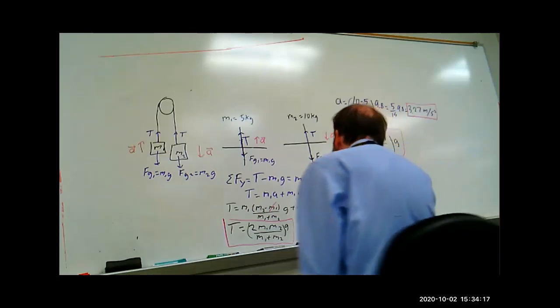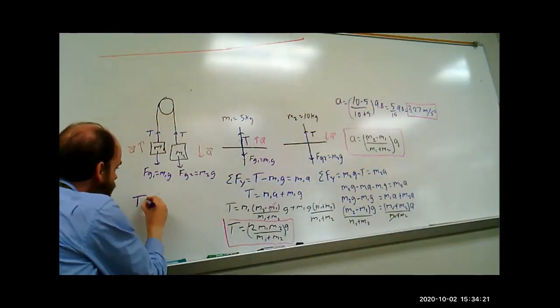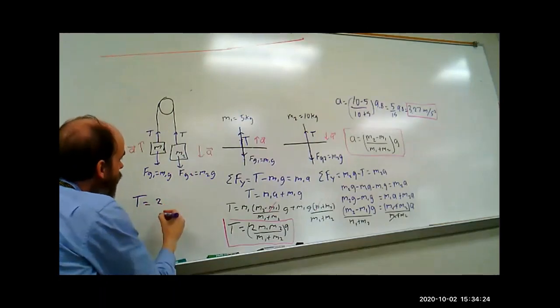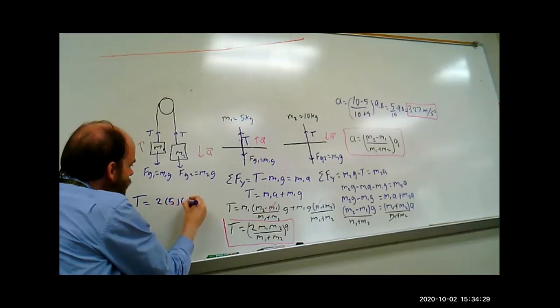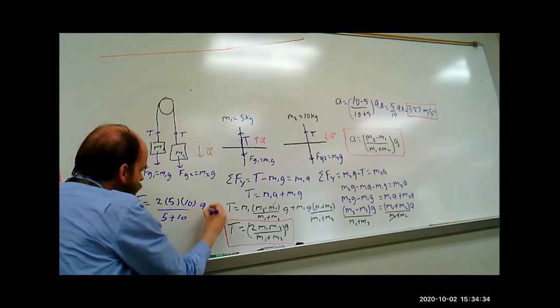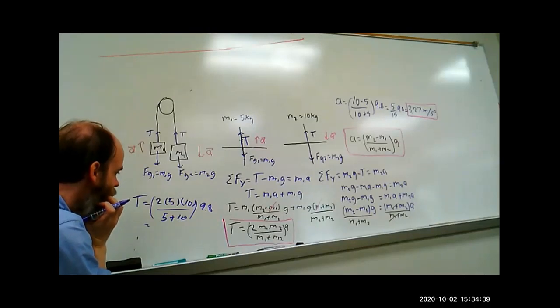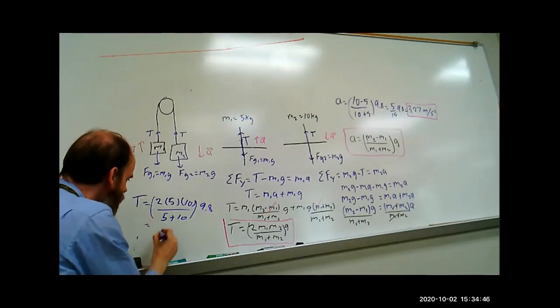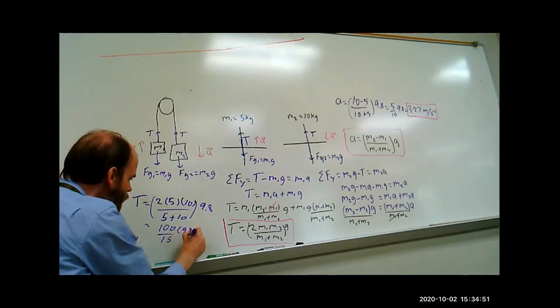But now we can put in the numbers for the T. So T is going to be 2 m1 m2 over m1 plus m2, times g. That's 2 times 5 times 10 over 5 plus 10 times 9.8, so 100 over 15 times 9.8.